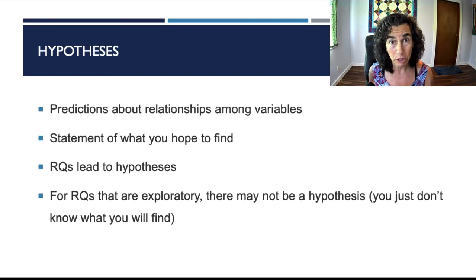And research questions, or RQs, lead to your hypotheses. For research questions that are exploratory, there may not be a hypothesis. You just don't know what you'll find, and that's okay. Some things have not been explored enough to determine what you think you might find, and that's okay.